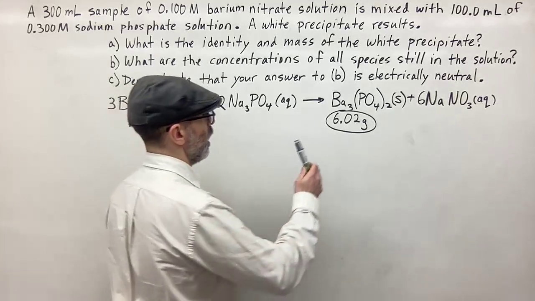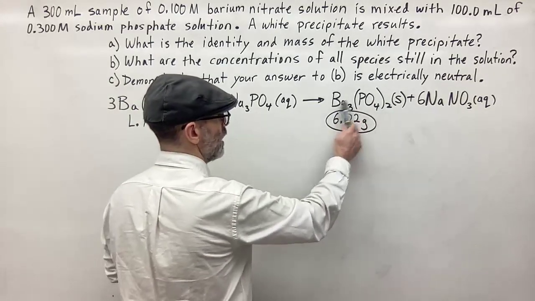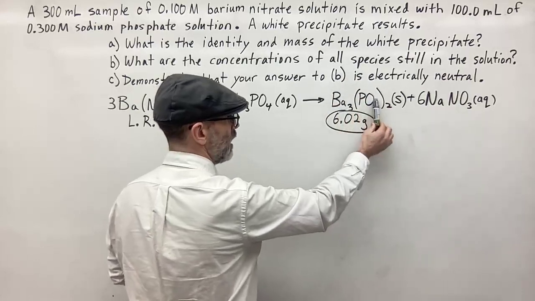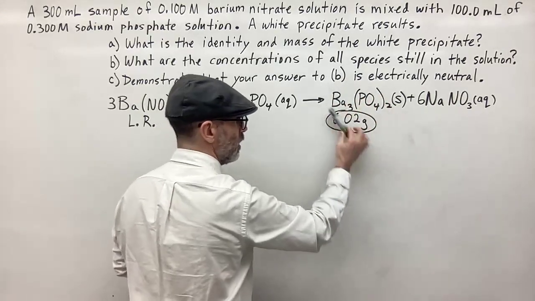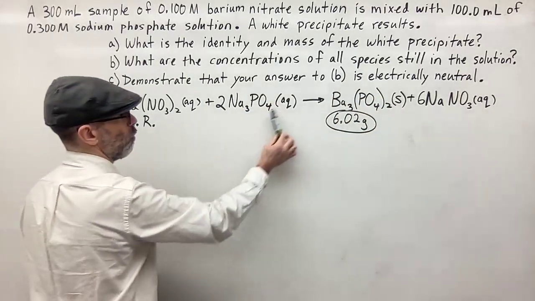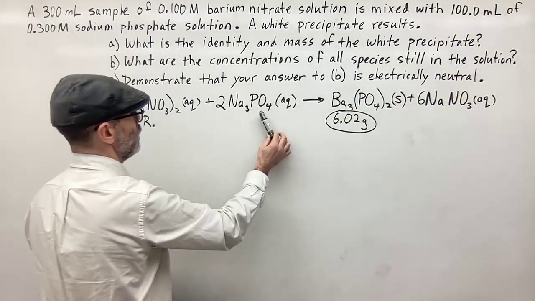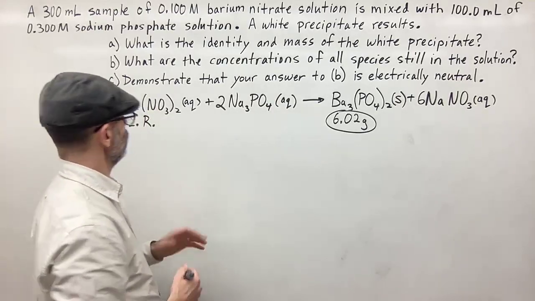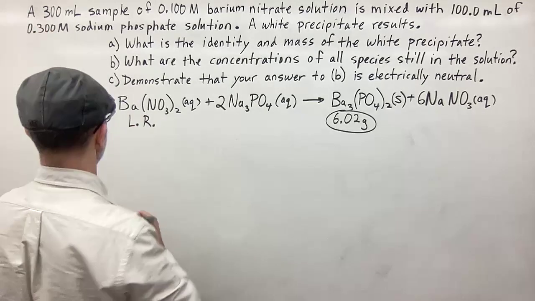Now for barium and phosphate, we'll have to figure out how many moles of the barium and phosphate ions are in this product and compare that to the number of moles of ions that we started with. So here and here. So let's go ahead and start with the 300 mL.